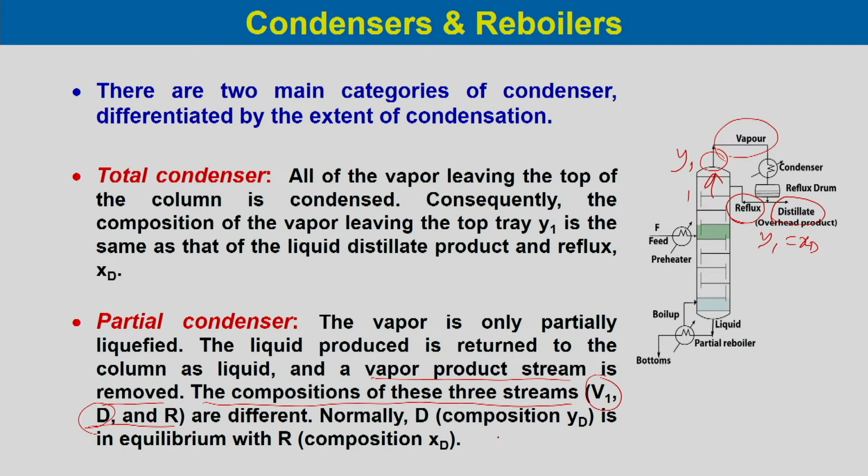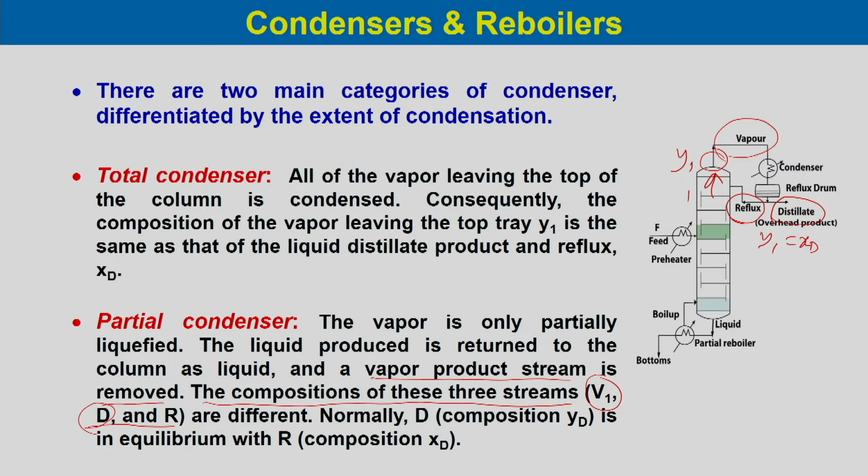Normally, the distillate, having composition YD, is in equilibrium with the reflux, which has composition XD. Because they are in equilibrium, if you take a vapor product from the reflux drum, that also can be considered as one equilibrium stage, because vapor and liquid exist together in a drum.